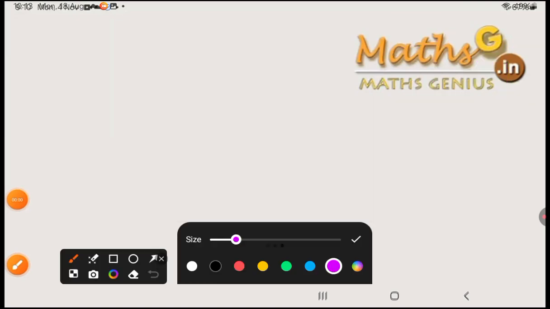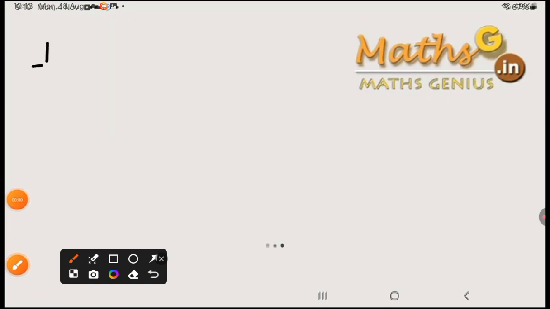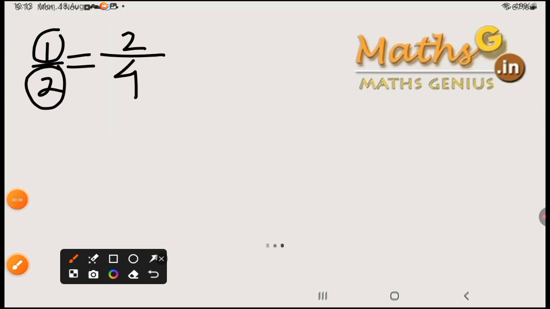Another example, a quicker one, more than one also. Let's say 1 by 2. If I multiply the numerator 1 with 2, it will become 2. If I multiply the denominator with the same value 2, it will become 4. So is 1 by 2 equal to 2 by 4? Yes.